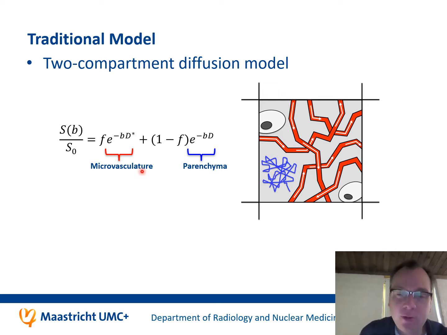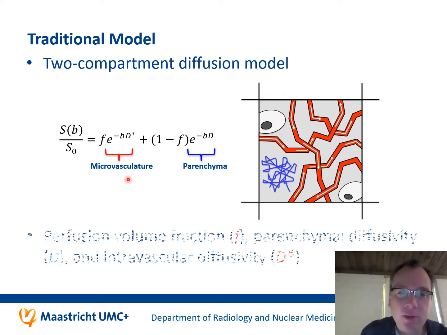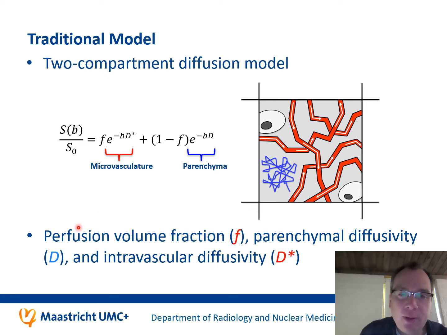And so there's two terms in your formula, and D is the diffusion parameter for the parenchyma, and D star is the pseudo-diffusion. So we end up with three parameters. We have a perfusion volume fraction, which is basically the fraction of these two compartments. We have the parenchymal diffusion and the intravascular diffusivity.